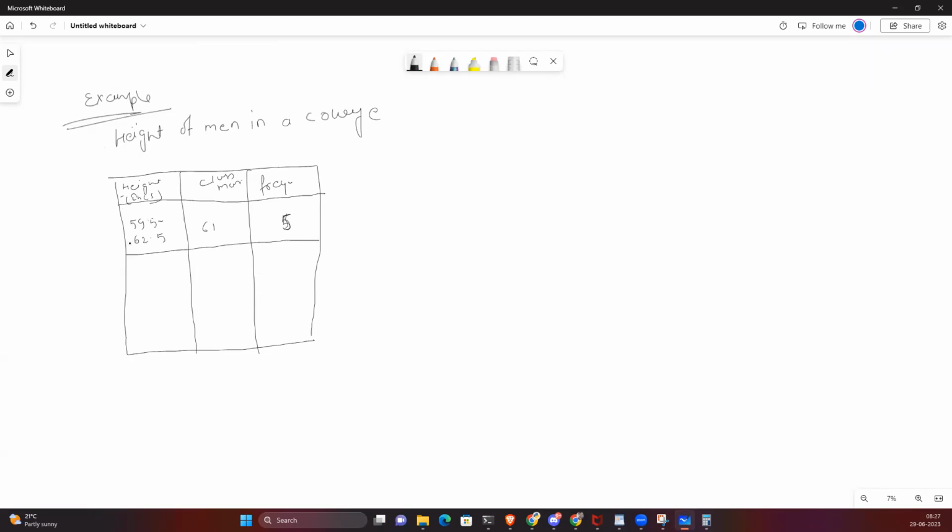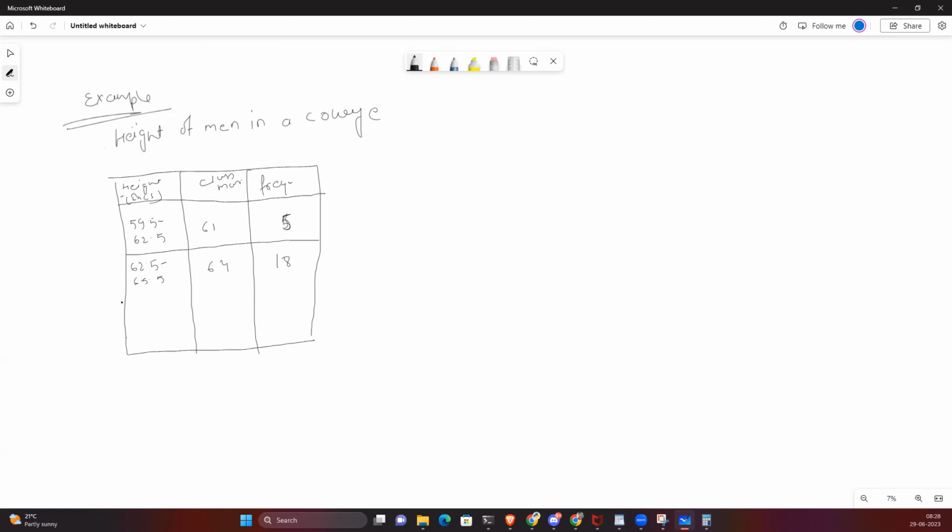Similarly, I calculate 62.5 to 65.5. This comes under class mark 64, and in this category 18 male students fall.